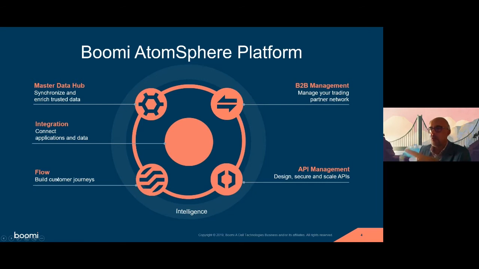With the low-code platform which Boomi has, you can start building this application, in fact. You can build an application, even an enterprise application, to digitalize a business process. This is what we call the module flow. So this is a general overview of the functionalities and capabilities of the Boomi Atomsphere platform.